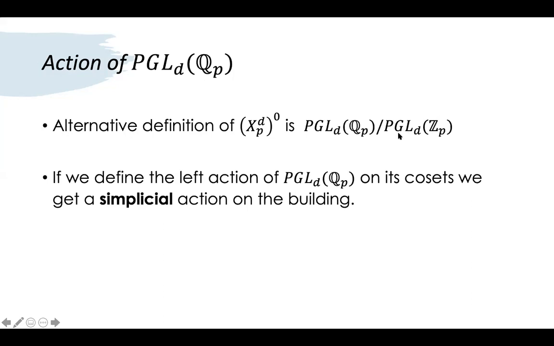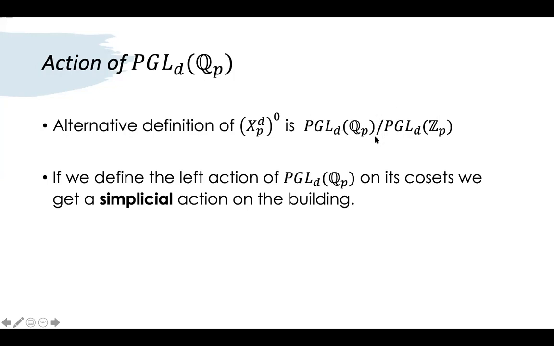So you can again think of this coset space as the vertices of the building. But now, if you think of this set in this way, there is a clear left action of PGL_d(QP) on this space.